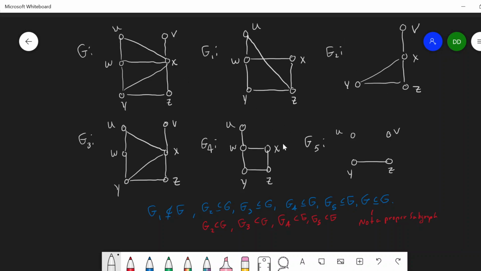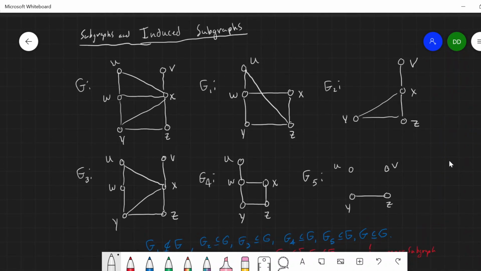Notice I'm missing the vertex V in G4, so it's not spanning. G5 is also not spanning. I'm missing a couple vertices there. G3, on the other hand, is spanning. It includes all of the vertices that G does, but I'm missing an edge. That's okay. It's still spanning. So spanning is telling us that the vertex sets are the same.